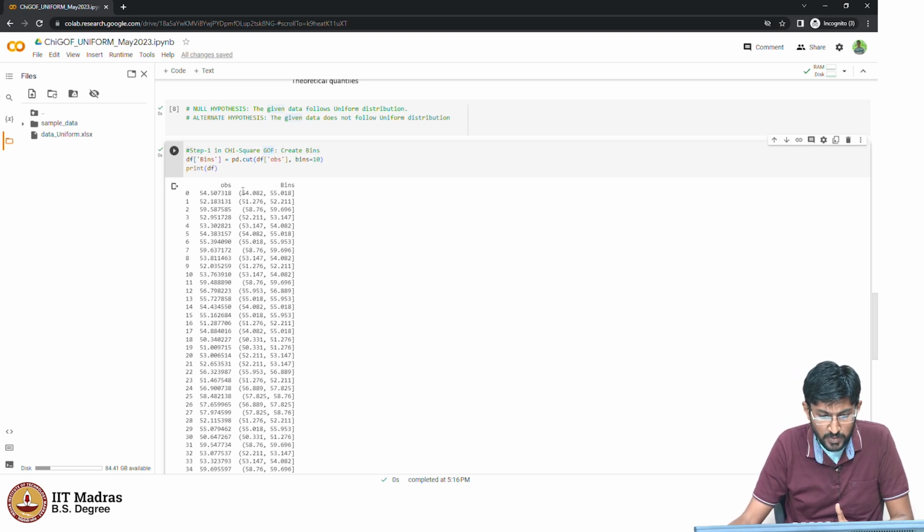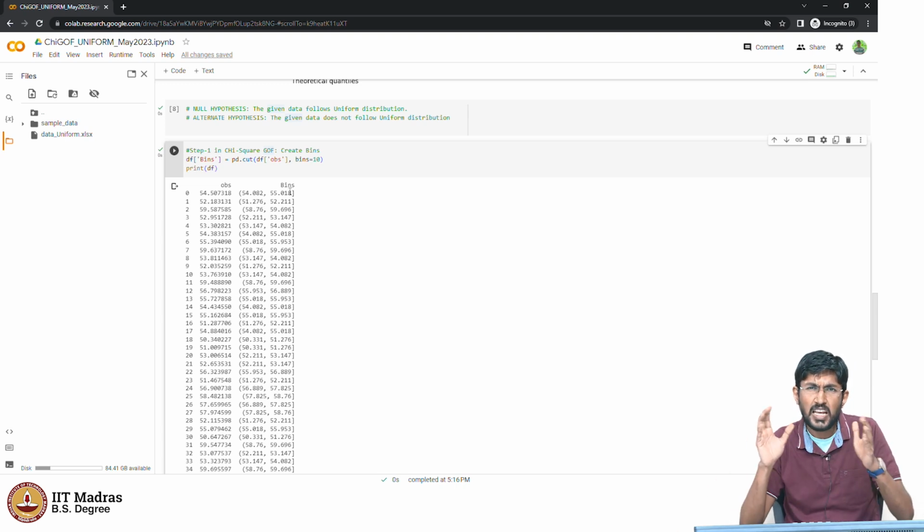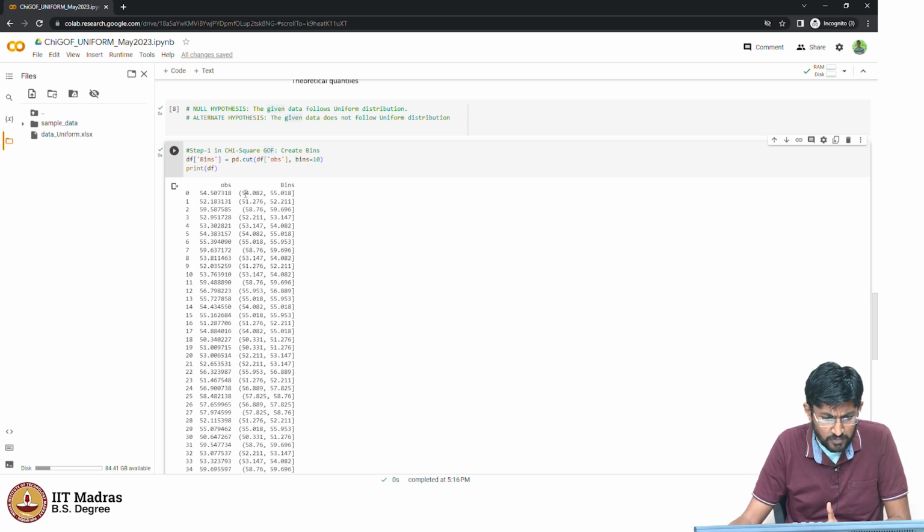So my first observation is going to fall in a bin of length 54.082 to 55.018, and each bin is going to be approximately the same length. You calculate the length, it should come to around 1.3, right? So 1.3 to 1.4. So each of these observations now falls into a particular bin.